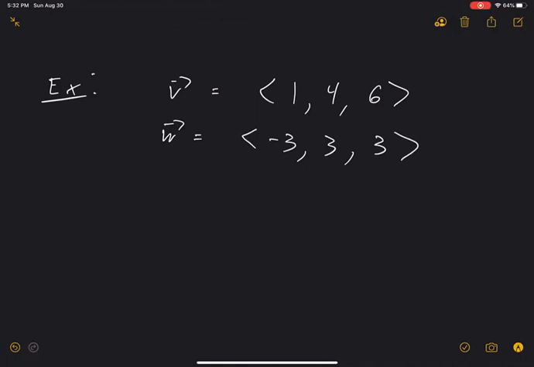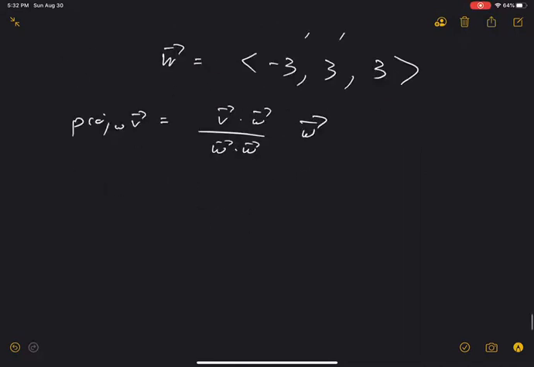Let's find our projection of V onto W. Okay. So by my formula, the form I use is this. So we know what W is. So really what we got to find is this number that's out front. Okay. So I need to find V dot W and W dot W.